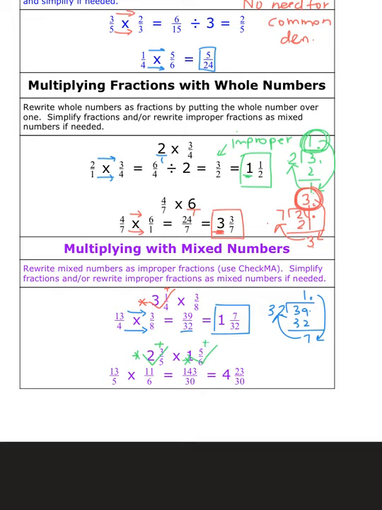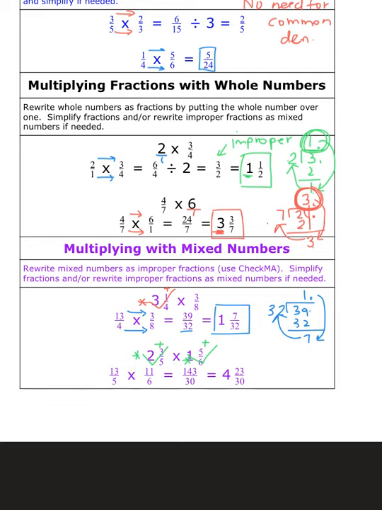So when I do that, I will end up with 2 times 5, it's 10. 10 plus 3 gives you 13. Keep the original denominator, so 13 over 5 for the first mixed number. And then 1 5/6, 1 times 6 is 6, plus 5 is 11. Keep that 6 denominator, so now your second mixed number turned into 11 over 6.